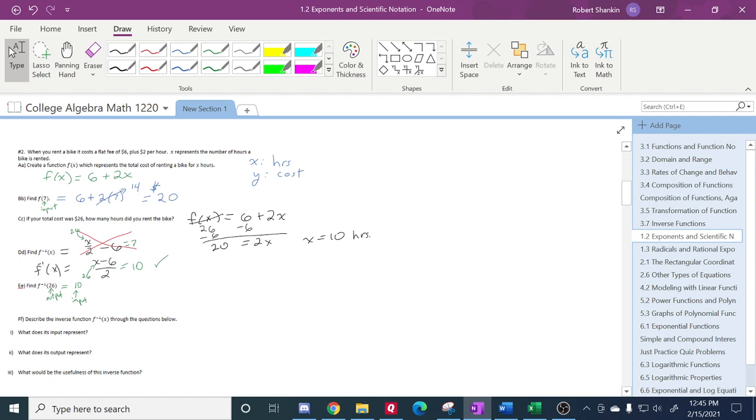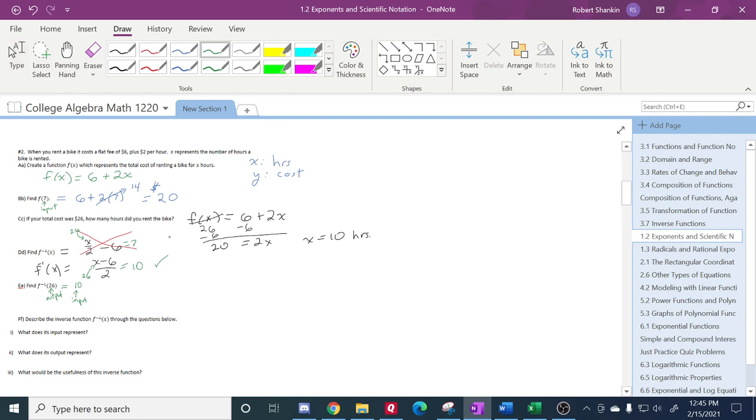And then what's the usefulness of the inverse function? Okay, let me have you stop.